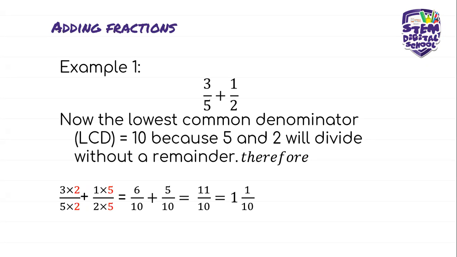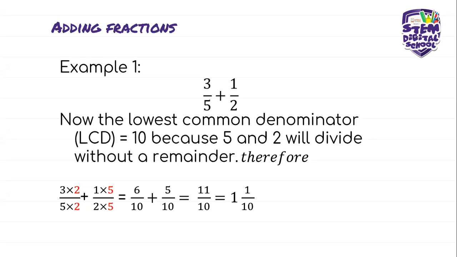But there are, of course, other common denominators which are not necessarily the lowest, such as 20, for instance. 5 can go into 20 without a remainder, and 2 can also go into 20 without a remainder. The only difference is that 20 is not the lowest common denominator.